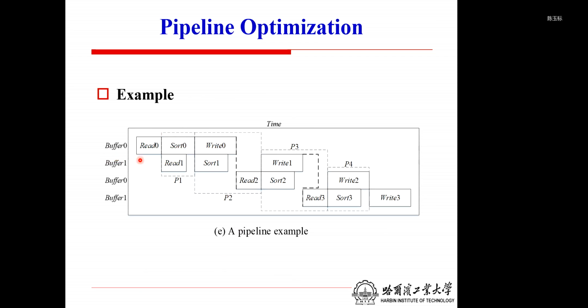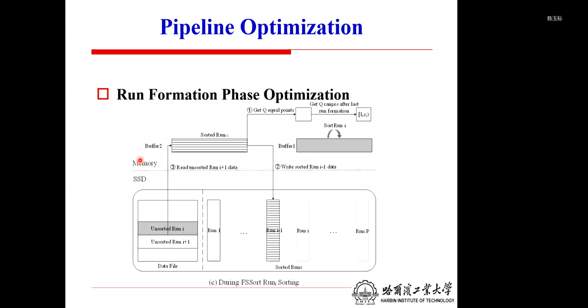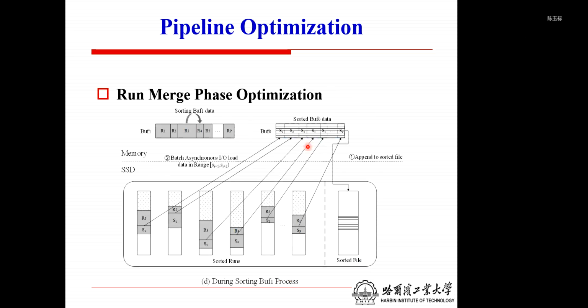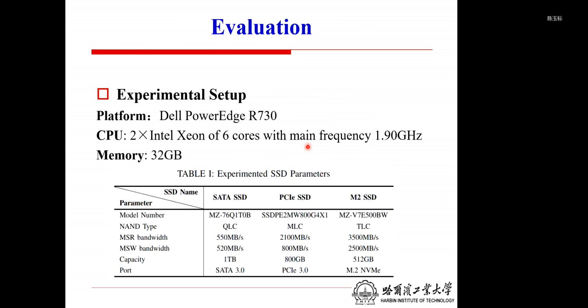This is the pipeline optimization of the round formation phase. It has a double buffer, one buffer loading data, one buffer merging in the main memory. This is an example of the pipeline optimization of the round merge phase.